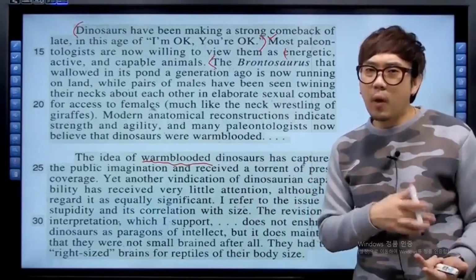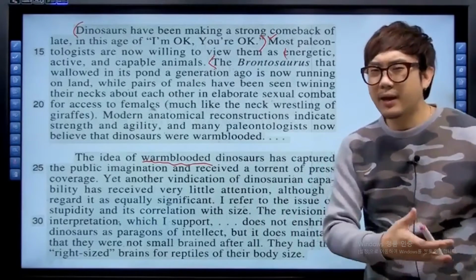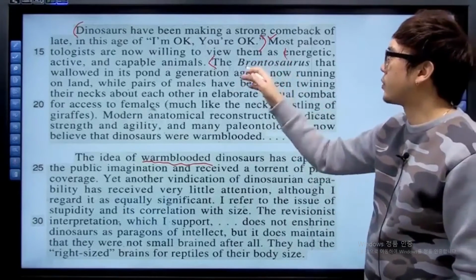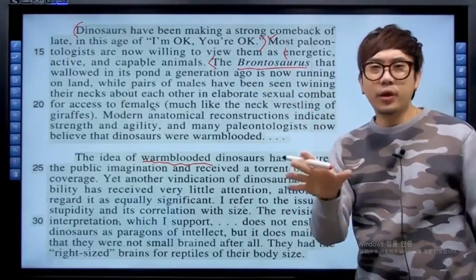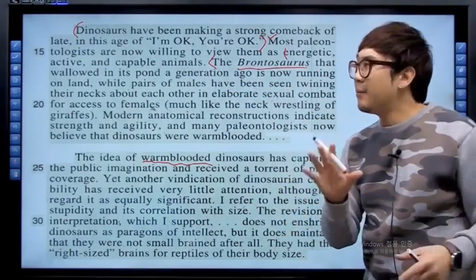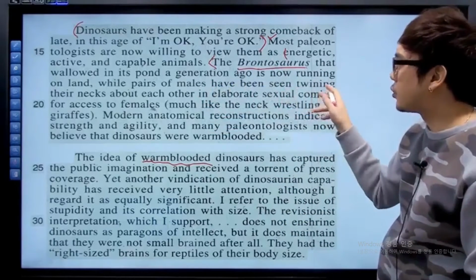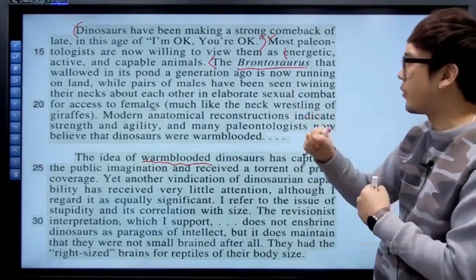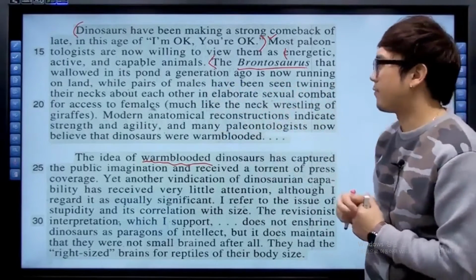They weren't able to hold their body weight outside on land. And so the Brontosauruses were always pictured in a pond or in a stream or in a lake, right? But now they're saying it's running on land, while pairs of males have been seen twining their necks about each other in elaborate sexual combat for access to females, just like the giraffe, right?